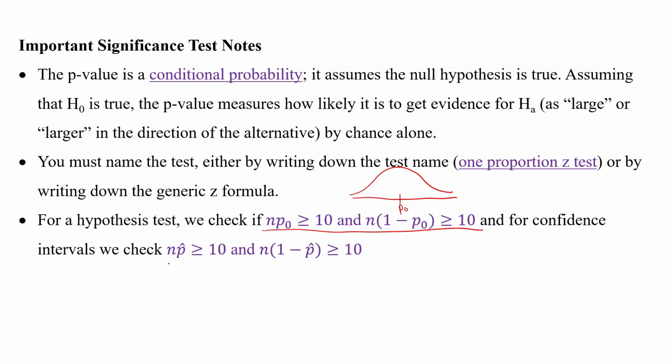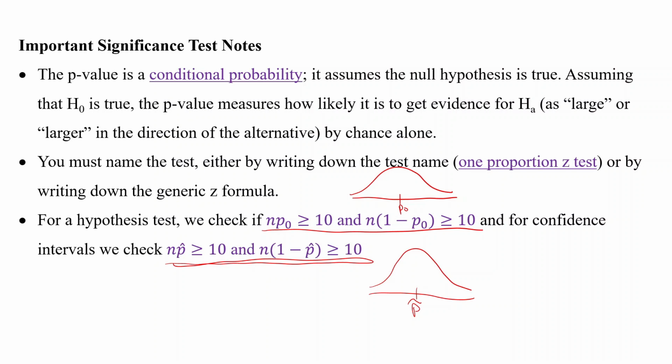For a confidence interval, we use p hat for our large counts because that p hat was our point estimate. And p hat being our point estimate means it's in the center of our confidence interval, and we create a margin of error around it. So because our sampling distribution has p hat at the center, we use the large counts condition for p hat in confidence intervals.